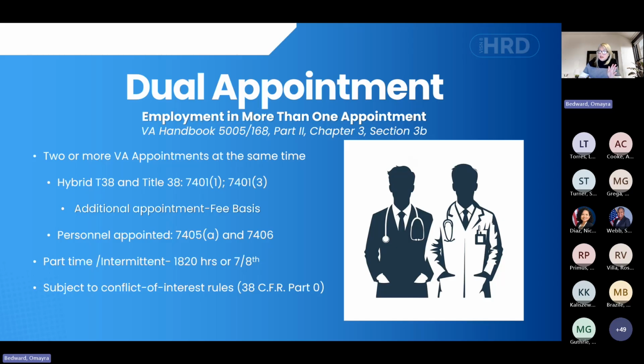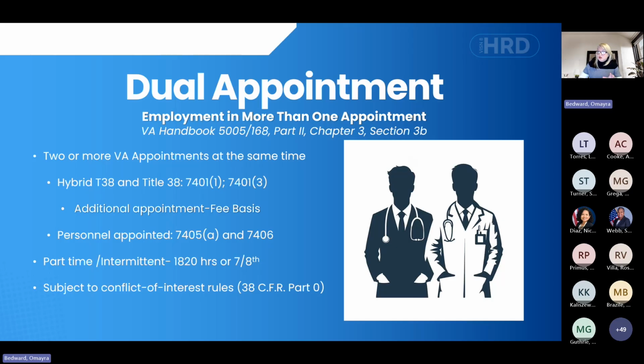This section tells us, and it says it specifically in bullet A, personnel appointed under 38 USC 7401(1) or 7401(3) may hold more than one appointment. Now, if you've taken other classes and you're familiar with staffing, 7401(1) are your pure Title 38s, and 7401(3) is your hybrid Title 38s.